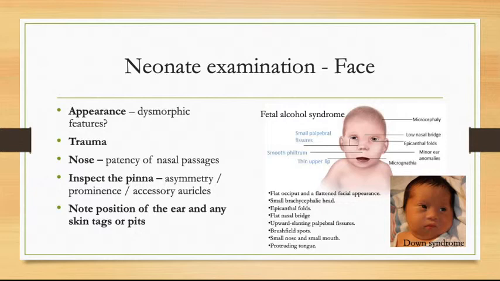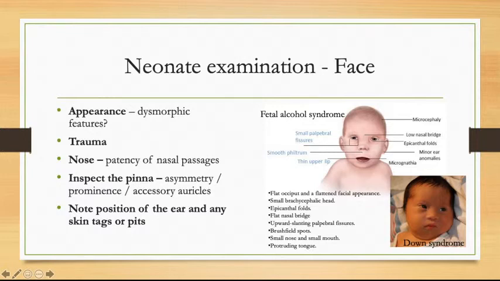Brushfield spots are basically these white flecks in the eye that you can see in a child with Down syndrome. And micrognathia, as you can see in the diagram for fetal alcohol syndrome, just means a small receding chin.